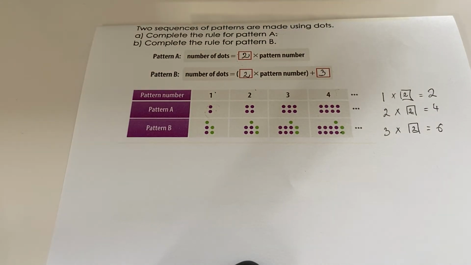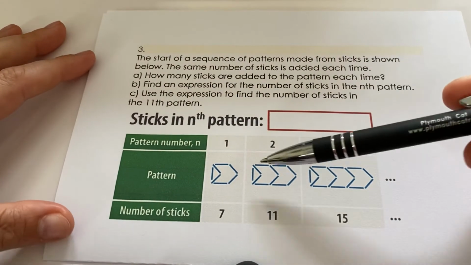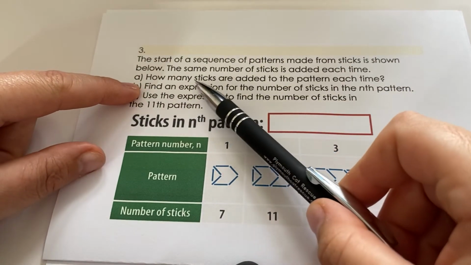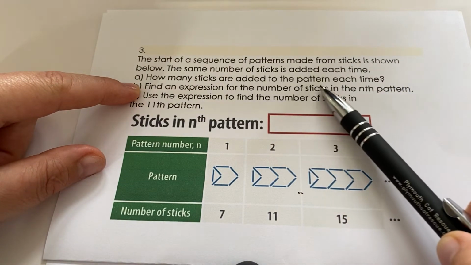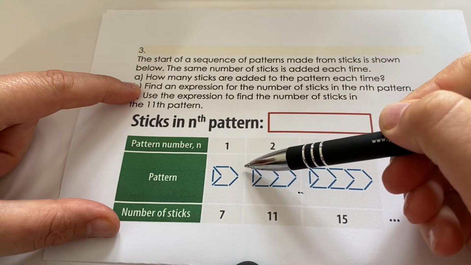And there is one more example where we start looking at the nth term rule for the patterns. That's this one. So you can see that there's a matchstick pattern here. The question is, how many sticks are added to the pattern each time? So this is our initial pattern.